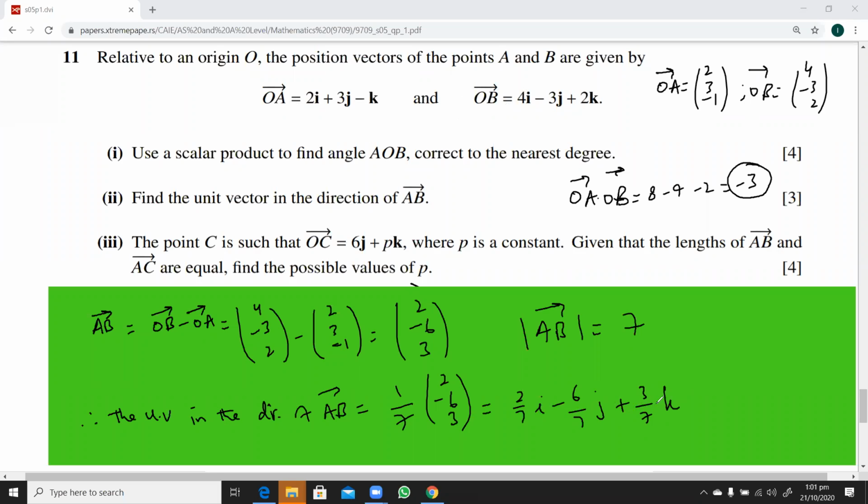The last part, the point C is such that OC is this. Given that the lengths of AB and AC are equal, find the possible values of P. So what do we need to have first of all for this third part?